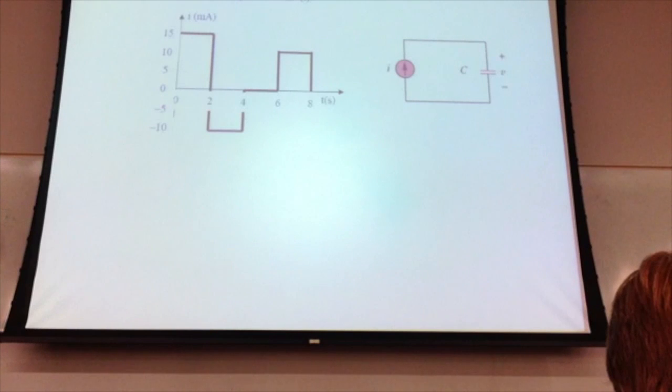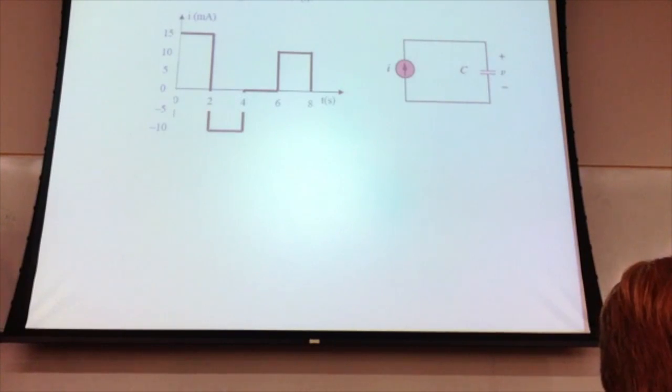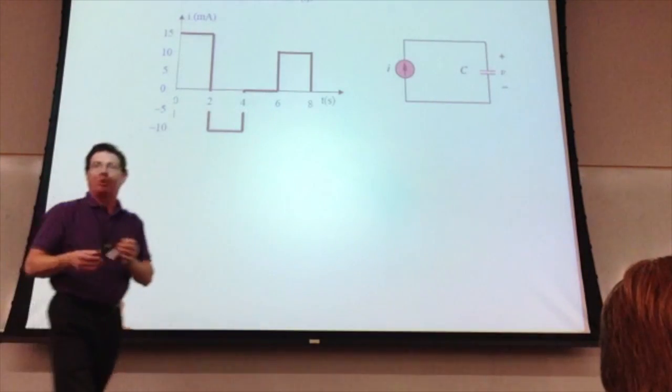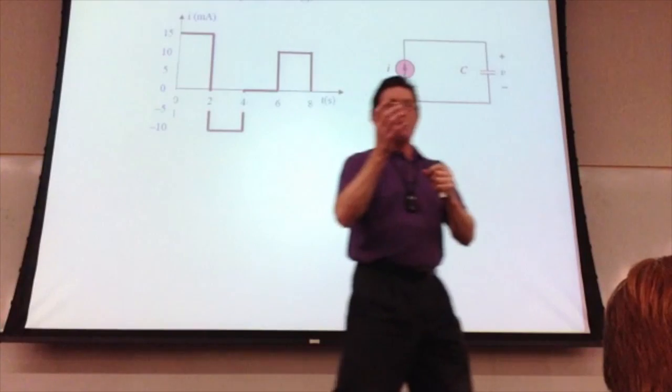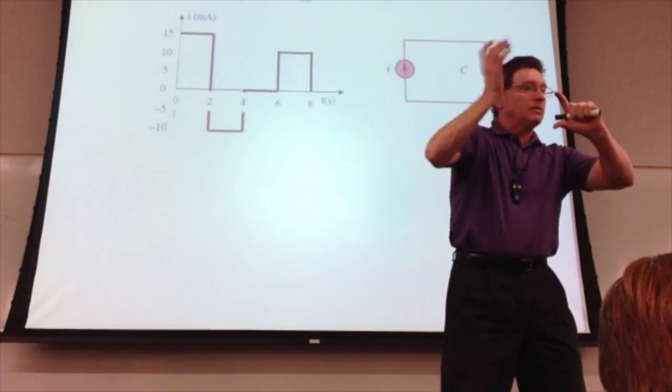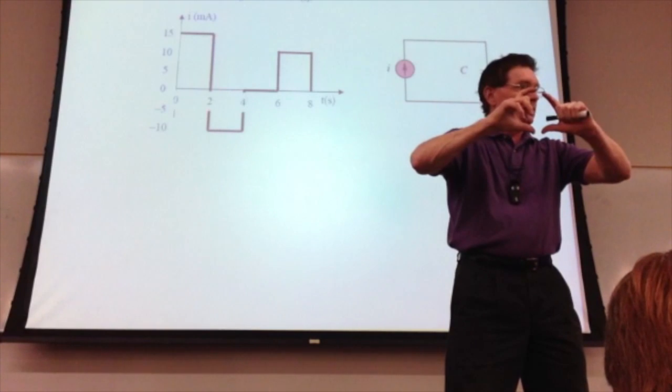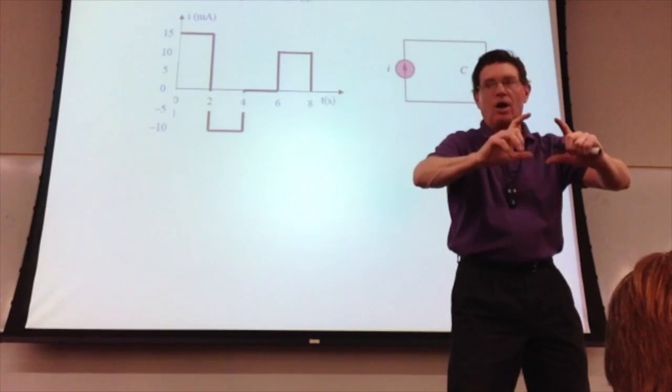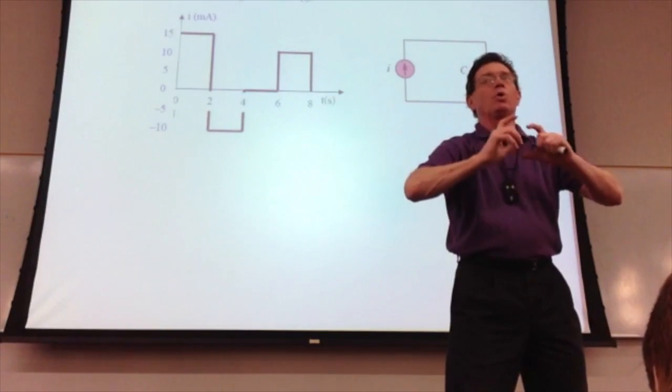I'll call that magnetic field phi. If I take a magnet near a coil of wire and I start varying that magnet, what happens to that coil of wire? You generate a current inside of there. That's why we call it an induction coil.